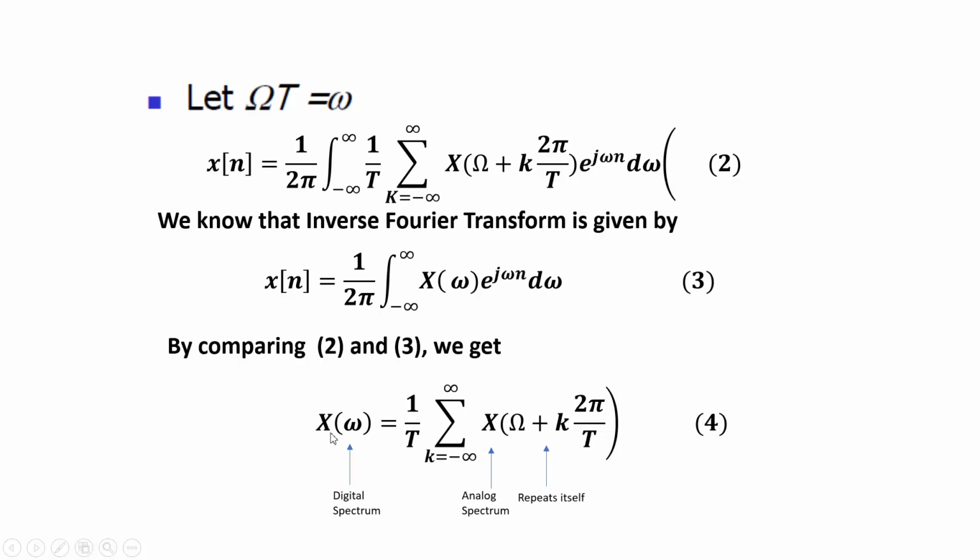That means X of small omega is 1 over T sigma over k of X of big omega plus k into 2 pi by T. Now, this basically is the digital spectrum. This forms the analog spectrum, and this factor says that this is repeating after every 2 pi period.